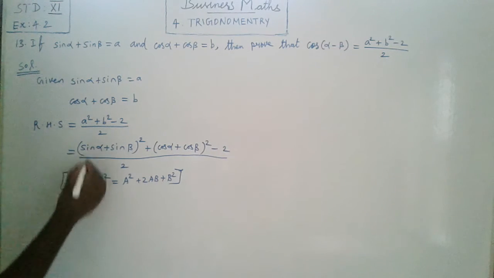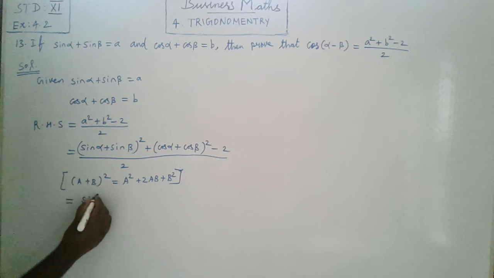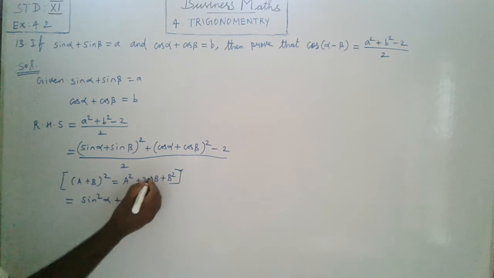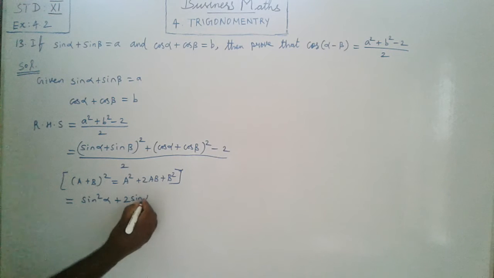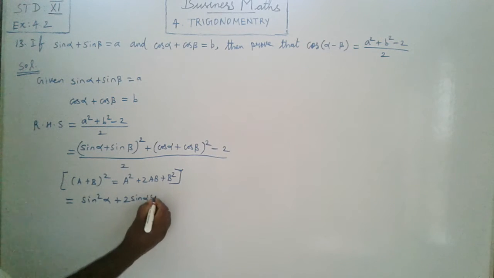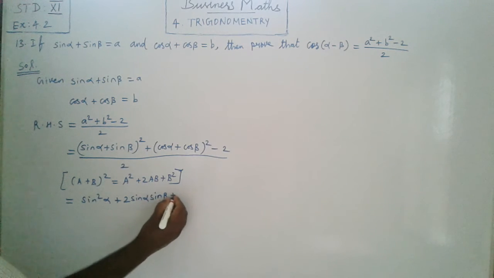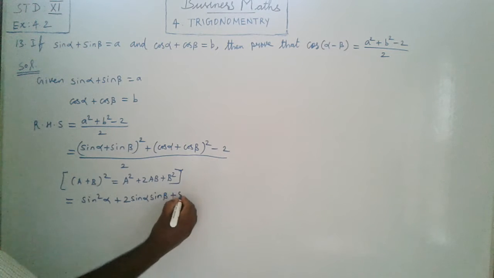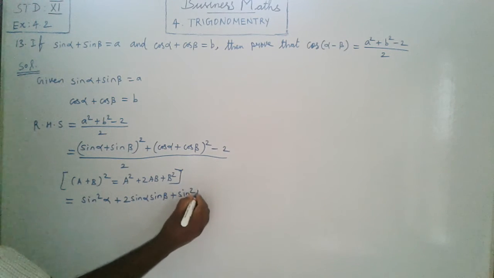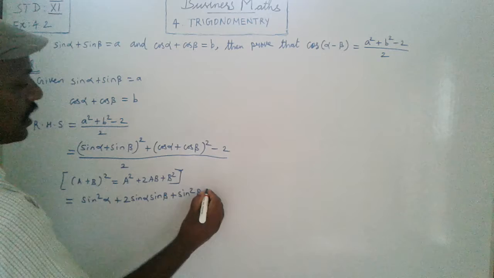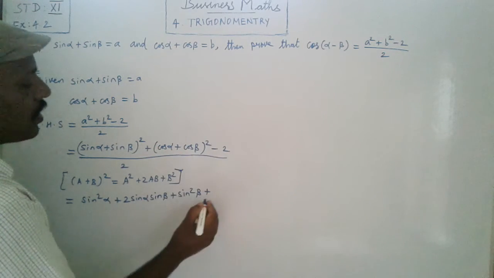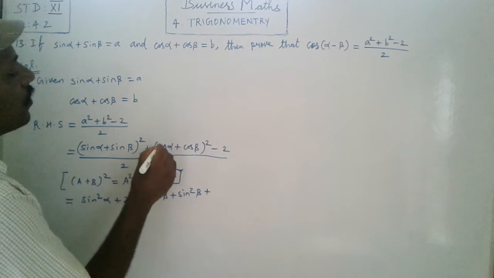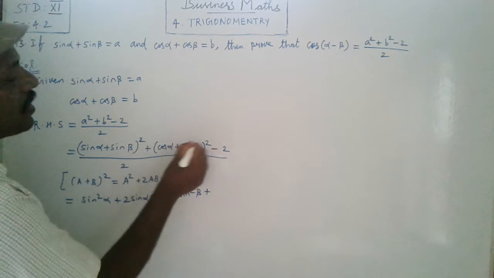So sin square alpha plus 2 into sin alpha sin beta plus sin square beta, plus (cos alpha plus cos beta) whole square.